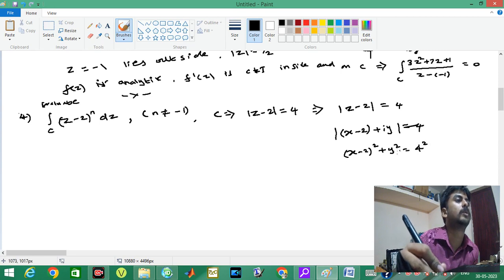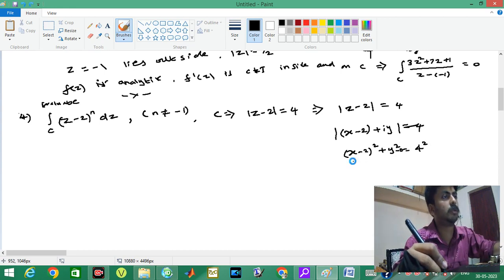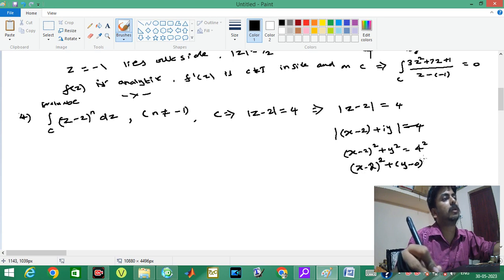So it is (x minus 2) whole square plus (y minus 0) whole square equal to 4 square.